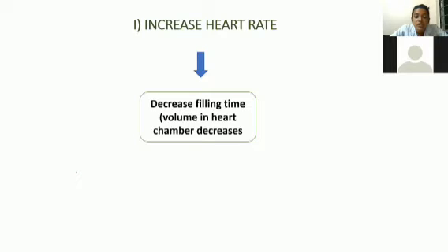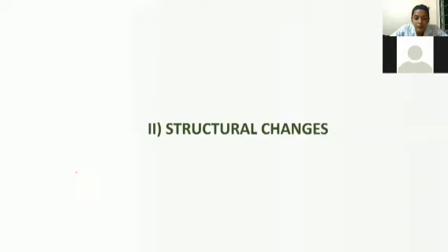What will happen? Decreased filling time, so the volume in the heart chamber decreases. The filling time is decreased because the heart is beating fast to eject the blood out. That will lead to congestive heart failure; it will worsen the condition and lead to heart failure.